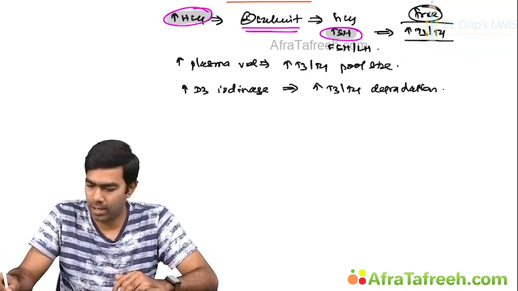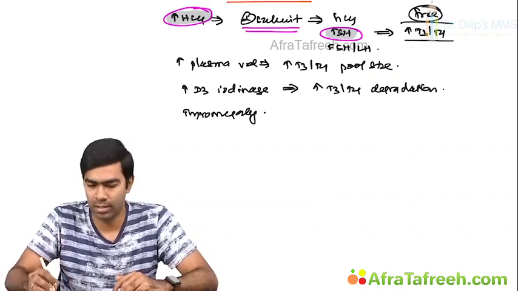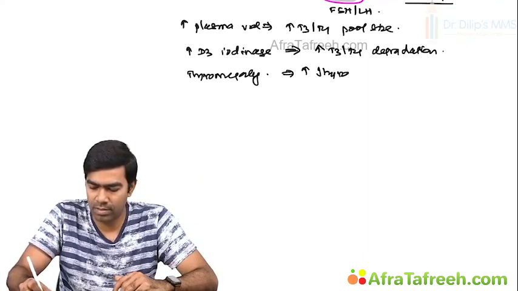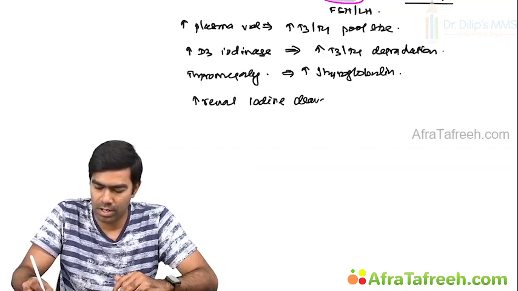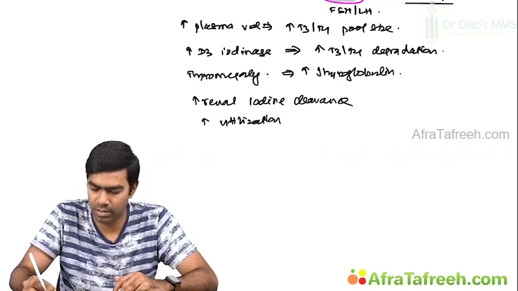Yes, and obviously there will be thyroid gland enlargement and the patient will have gestational thyromegaly. Clear? And because of that, the pregnant patients may have excessive thyroglobulin in the circulation. And there will be increased renal iodine clearance. At the same time, there will be increased utilization of iodine by the fetus and the placenta.